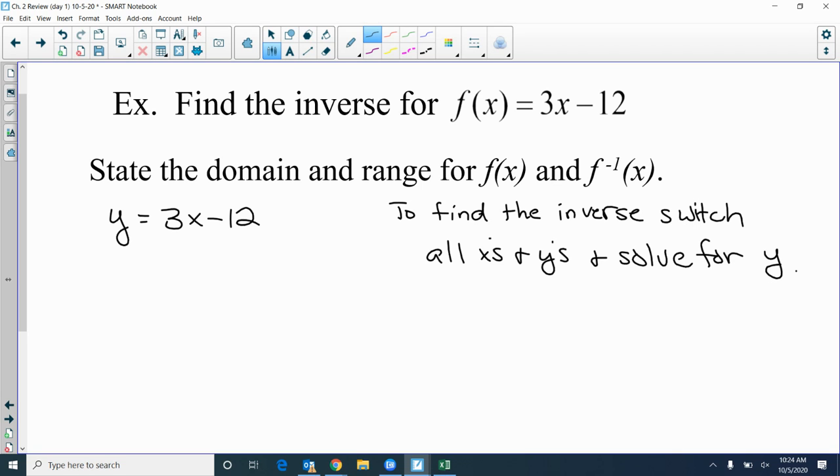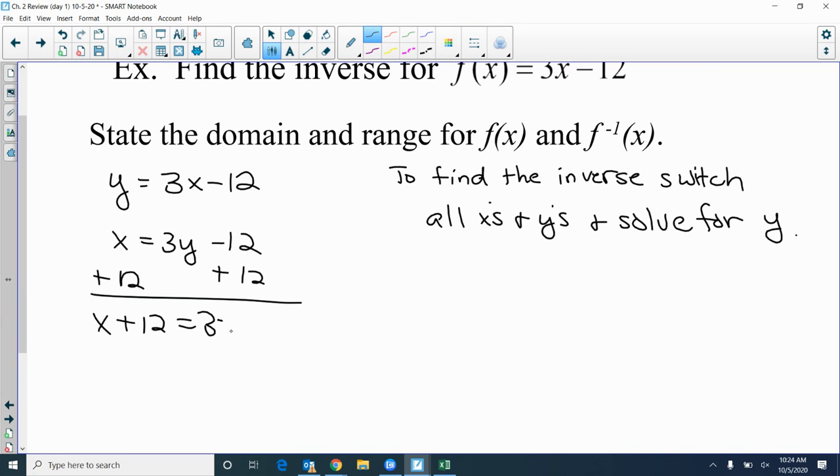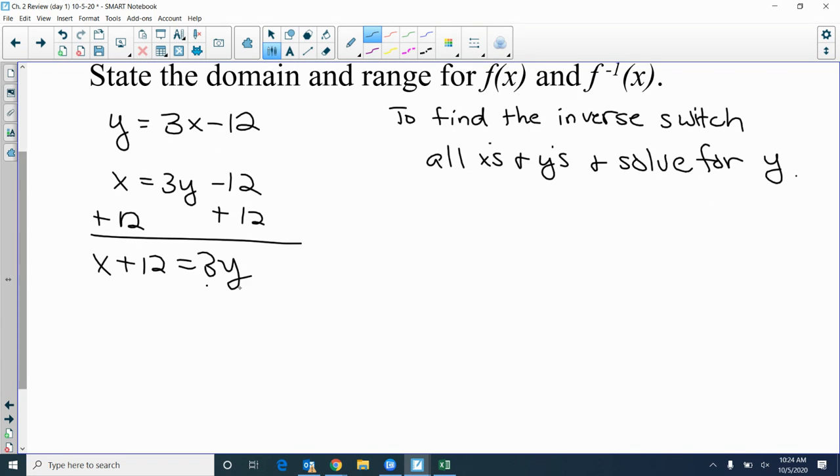So I'm going to make this an x, I'm going to make the x a y, and then I'm going to solve for y. And I'm going to add 12. I get x plus 12 equals 3y. Divide everything by 3. And that gives me y equals 1/3 x plus 4.